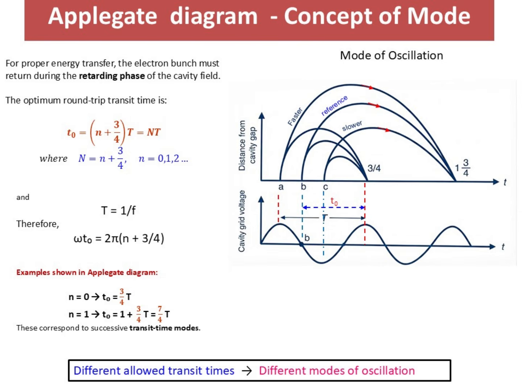That is the physical meaning of the equation. For the first mode, the transit time is approximately 3/4 of 1 RF period. For the next mode, one additional complete RF cycle is added. Therefore, different allowable transit times correspond to different modes of oscillation. The key point is, transit time decides the RF phase at which the electron bunch returns to the cavity. And that phase decides whether the electrons give energy to the cavity or absorb energy from it.